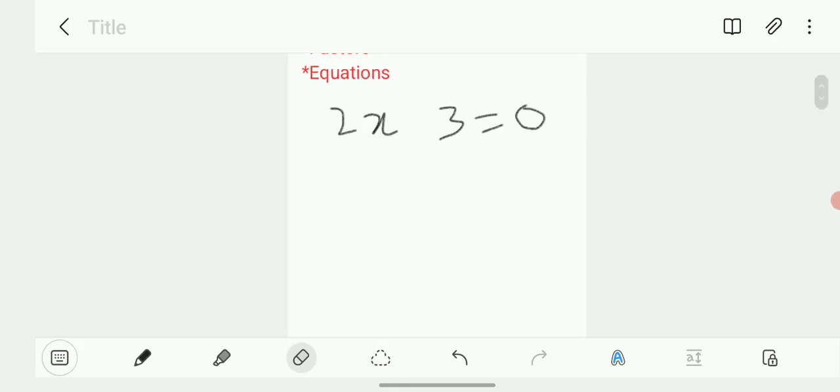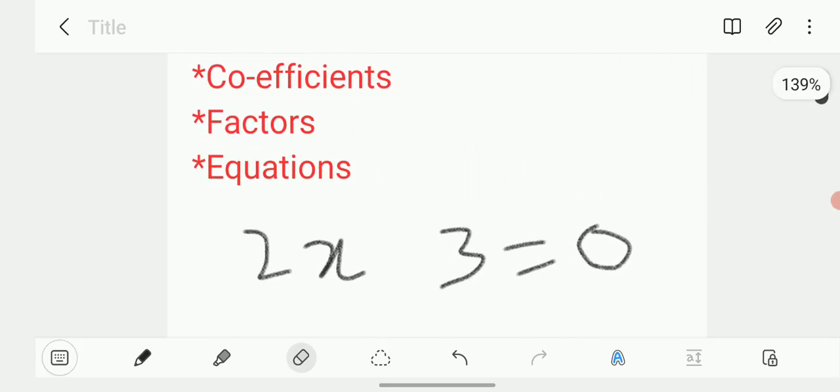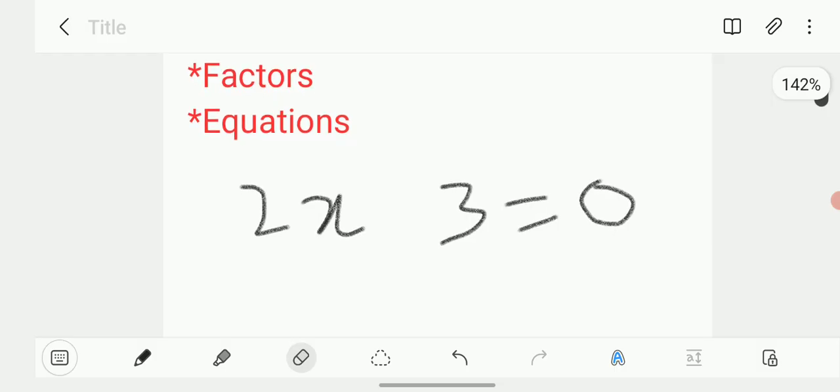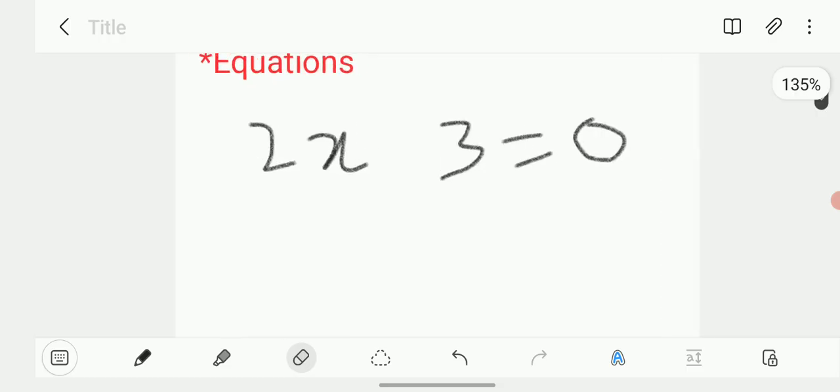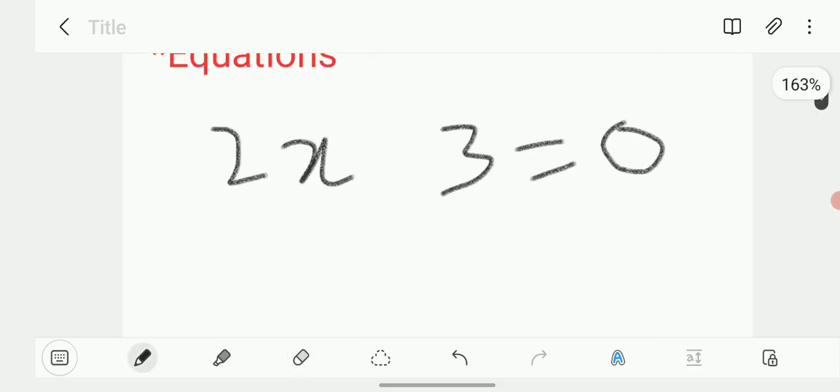What are factors? Now what are the factors of 2x? 1 is a factor of every number, first 1, and next 2 is a prime number.